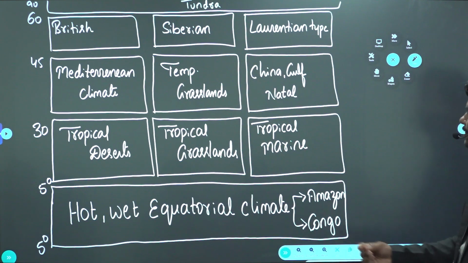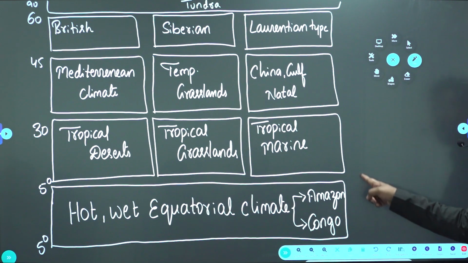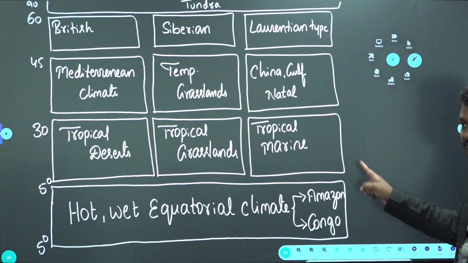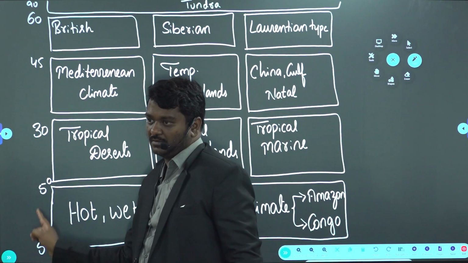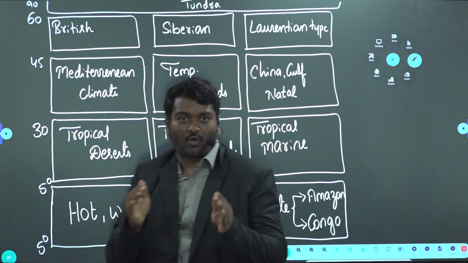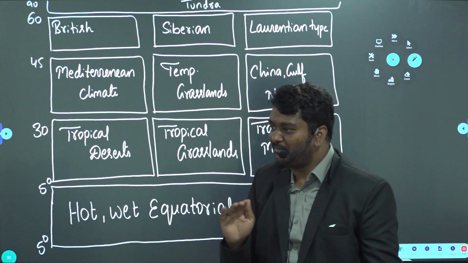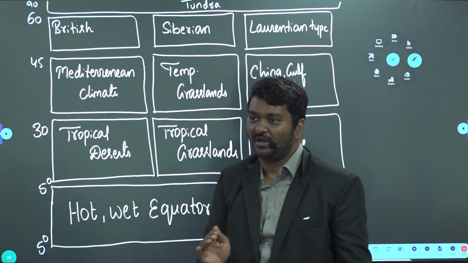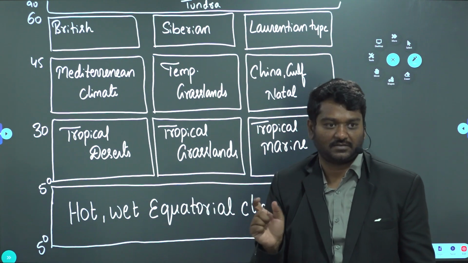Okay, now see guys, this is all coast. Please see, these are all coast. Coast means marine influence. The moment marine influence comes into picture, you will have diurnal range to be less.